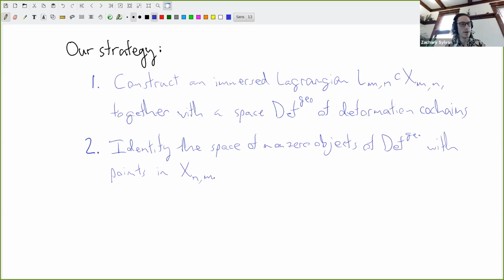That's the mirror. And in particular, we need to determine which point a given object is mirror to.